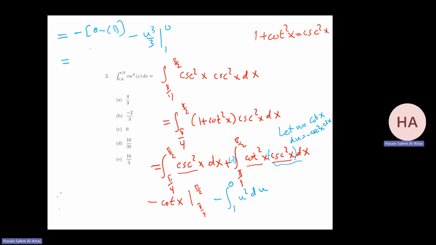That gave me minus 1 for the first part. This is 0 minus 1 over 3. That gives me 1 plus 1 over 3, which is 4 over 3. And that is my answer.